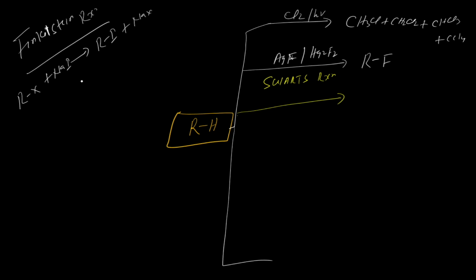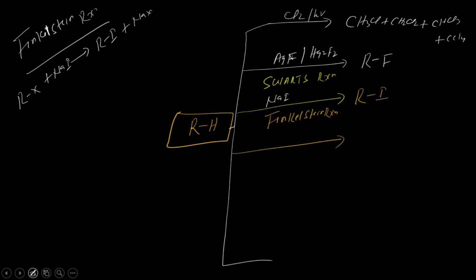So the iodination is known as Finkelstein reaction, and fluorination is known as Swarts reaction. So if the alkyl halide reacts with sodium iodide, this is known as Finkelstein reaction, and it will give alkyl iodide.